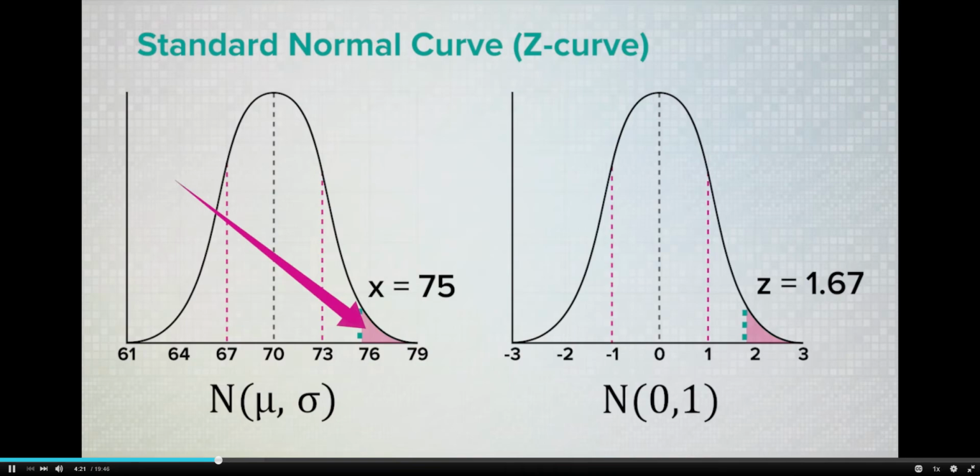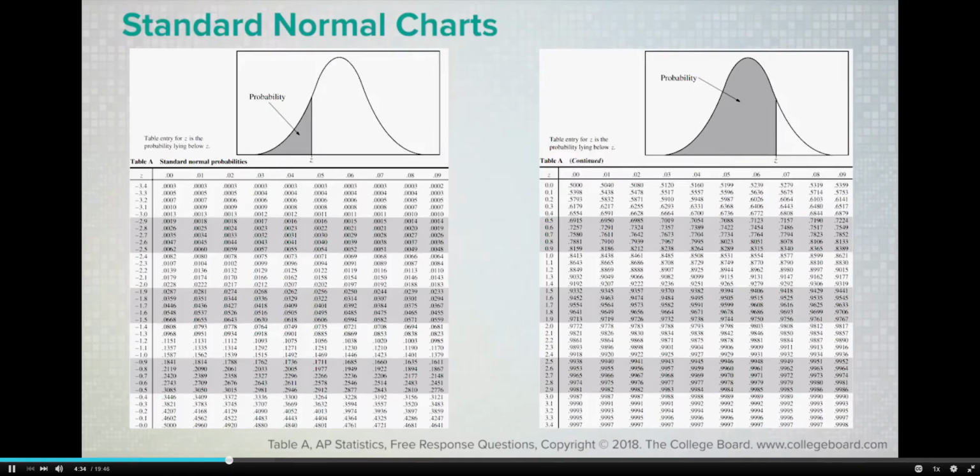Why does that matter? Well, we have a table to find all of these areas for standard normal curves that we'll use extensively in this lesson. I'd like to introduce the standard normal chart. I know it's hard to read looking at it here, so it's been provided for you below this video player. I suggest printing this out if you can so you can use it throughout the lesson.